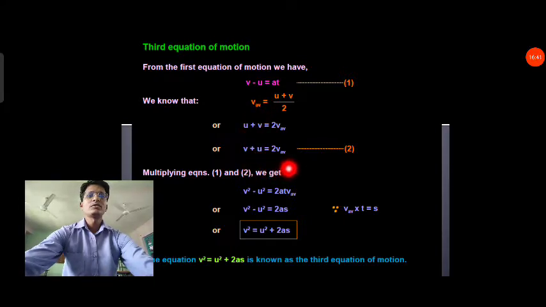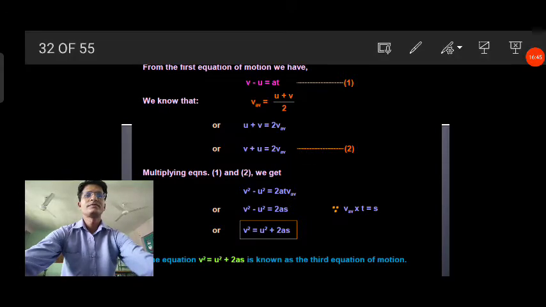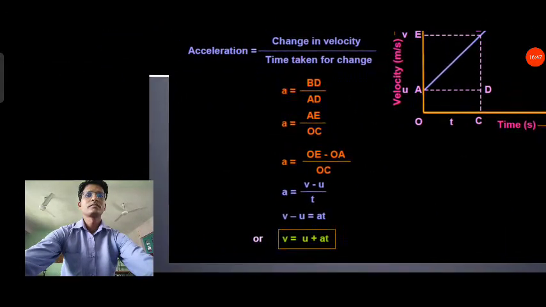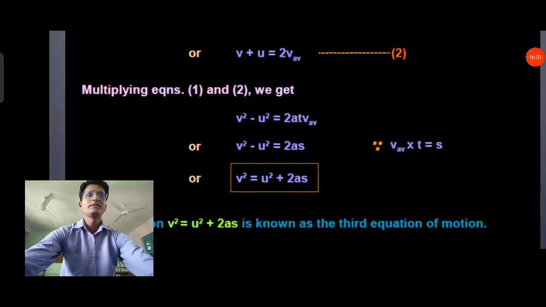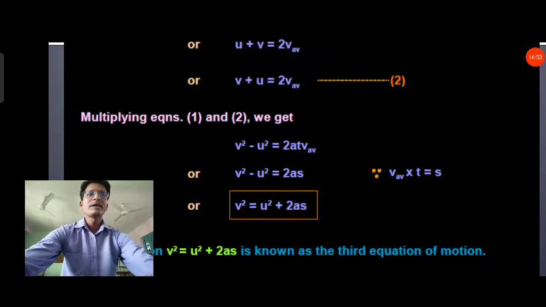By keeping equation 1 into equation 2, you will get v square minus u square is equal to 2 a t v average.